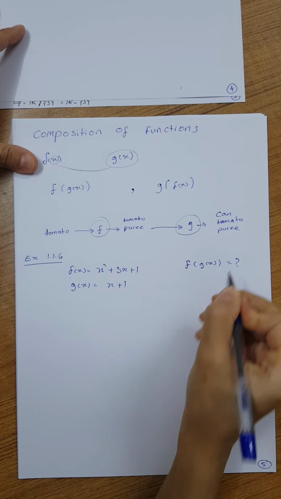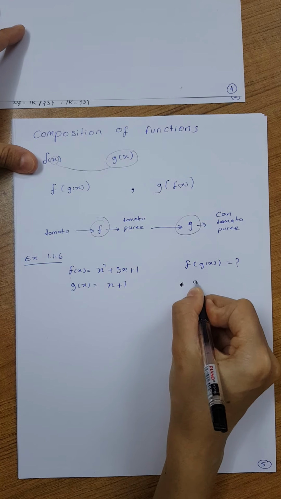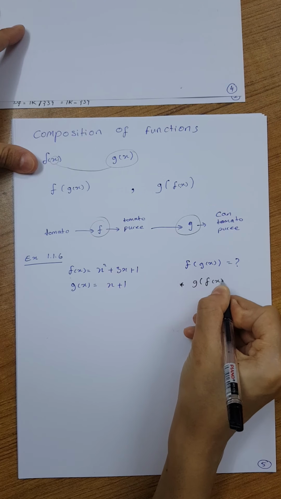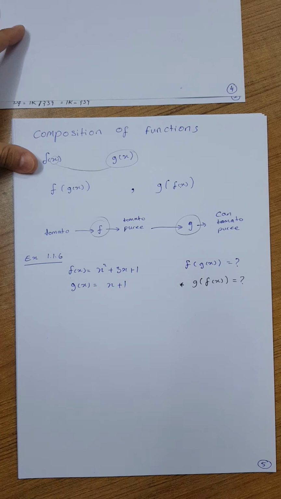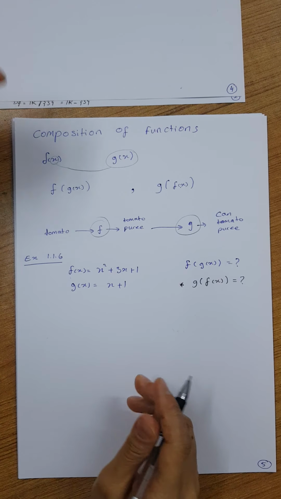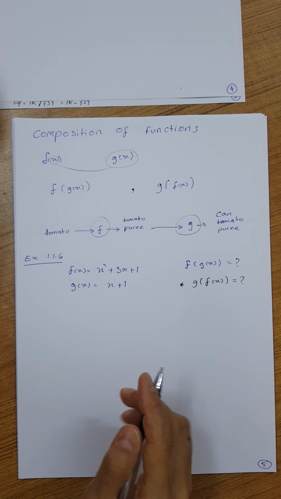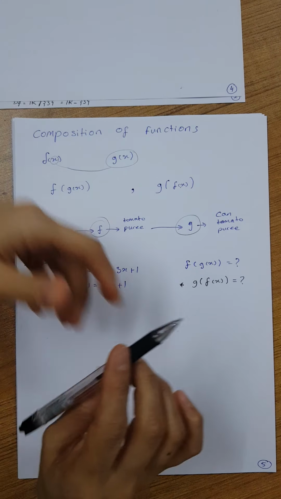I will also ask you to find g of f of x to see the difference between f of g of x and g of f of x, because in general those two functions are not equal to each other.